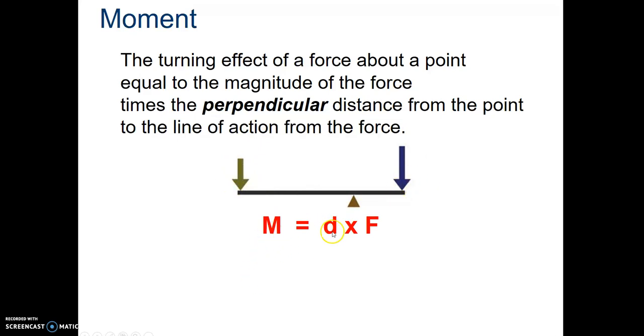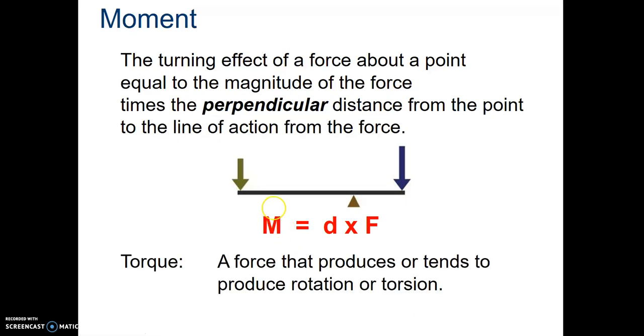Moments are distance times force, or sometimes it sounds better as force times distance. Different terminology we need is torque. Torque is also known as that moment, a force that produces or tends to produce rotation or movement upon that object. So you've got the moment, or the torque, being applied to that lever.